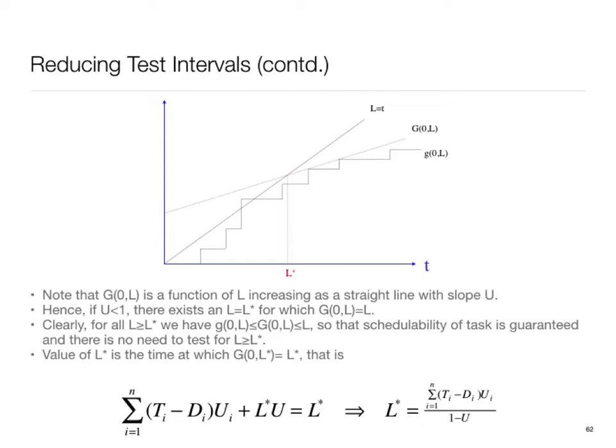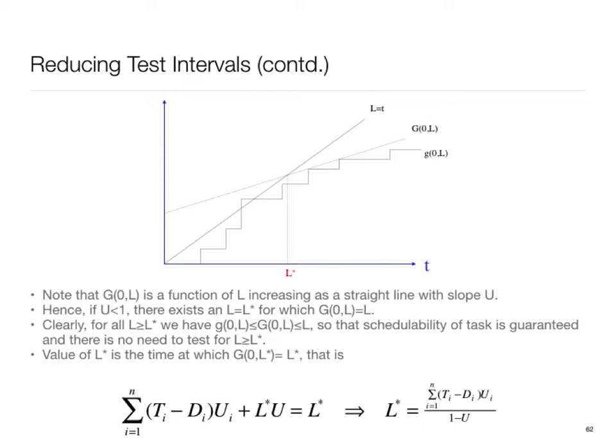And remember, what was my goal? My goal was to make sure that the demand g(0, L), little g, is less than or equal to L. So I want to check that it's lower than this 45-degree line.